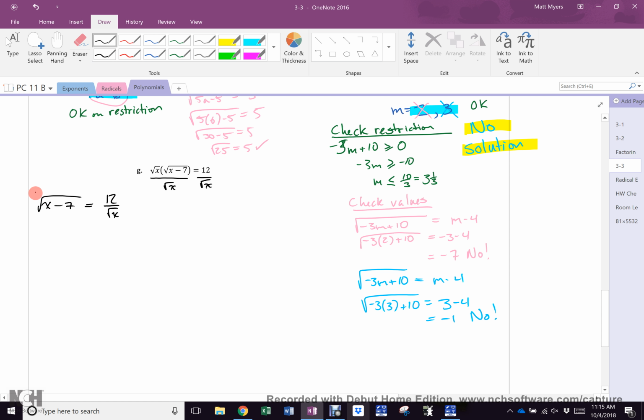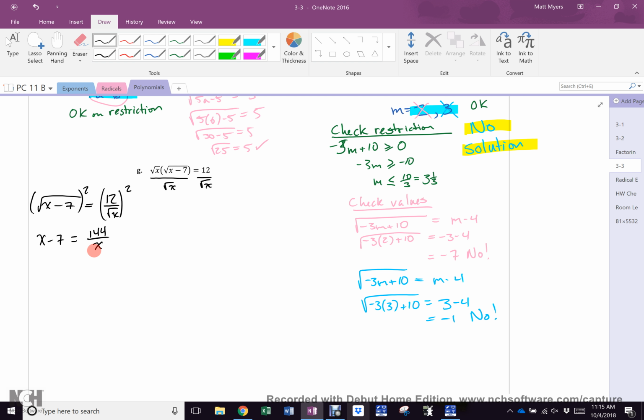I will square it. So what do I have to do to this side? Square it. So now I have x minus 7 equals, what's 12 squared? 144. Over what's root of x squared? X. And now that simple radical is gone too.